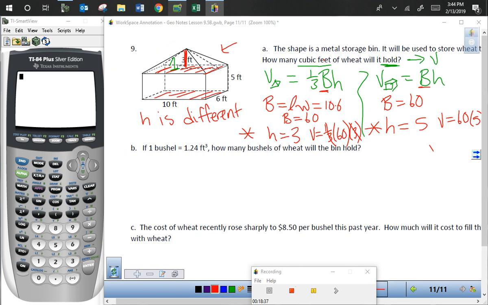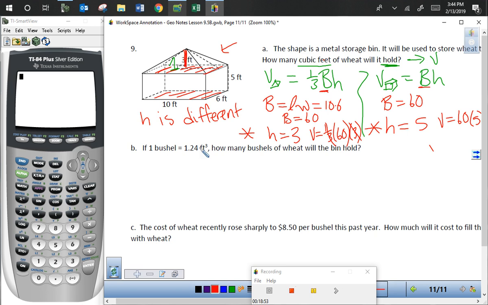Part B says, if 1 bushel is about 1.24 feet cubed, how many bushels of wheat will the bin hold? Now there's a rule for getting this quicker, but when we're dealing with things we're not as familiar with, it's always best to just set up a proportion, because we don't know whether we're supposed to multiply by this 1.24 or divide by it.